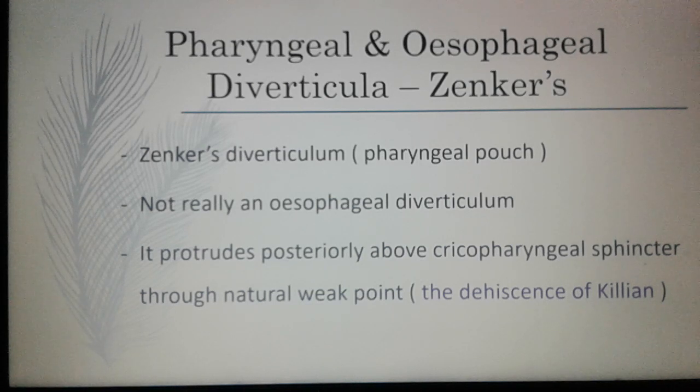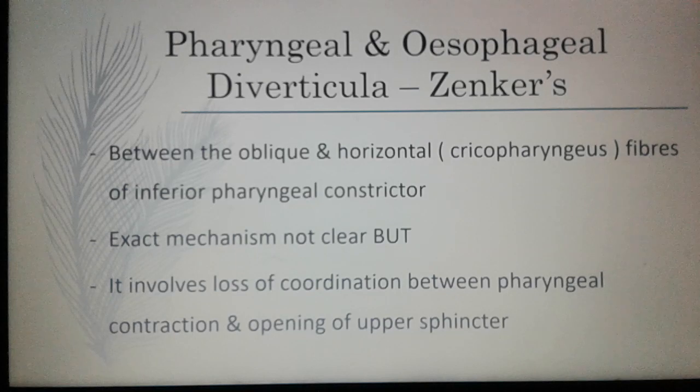Because this diverticulum protrudes posteriorly above the cricopharyngeal sphincter through the dehiscence of Killian, a natural weak point in human beings in the cricopharyngeal area, between the oblique and horizontal fibers of the inferior pharyngeal constrictor muscle.